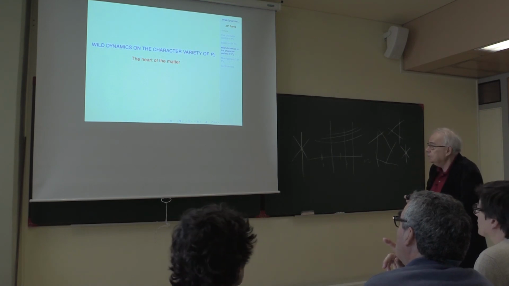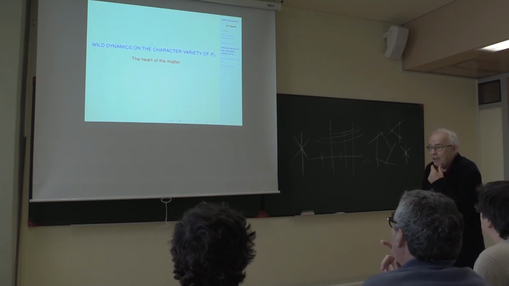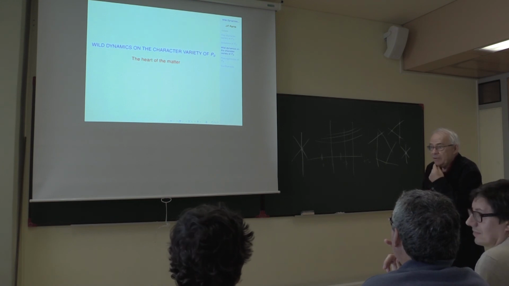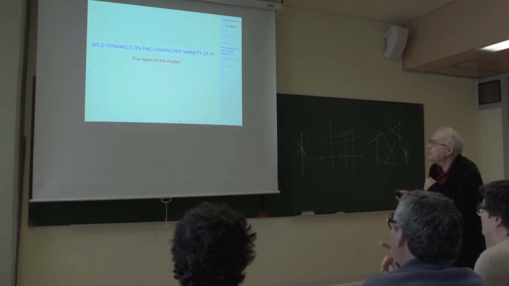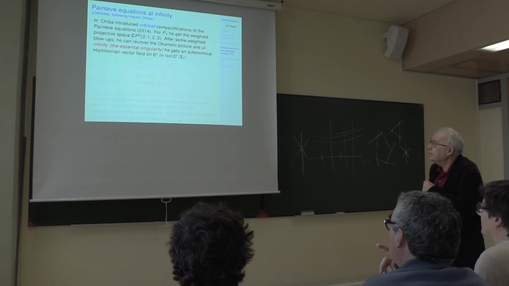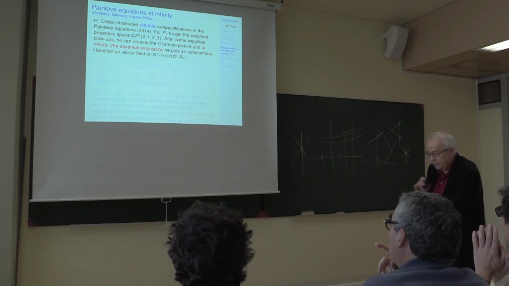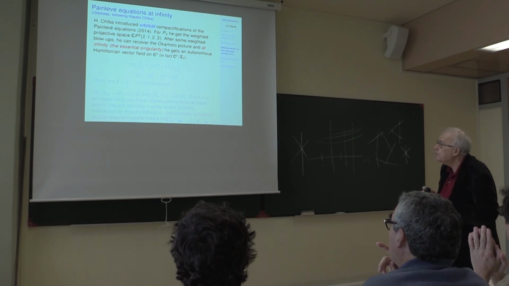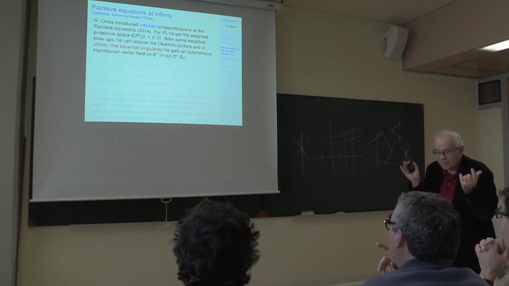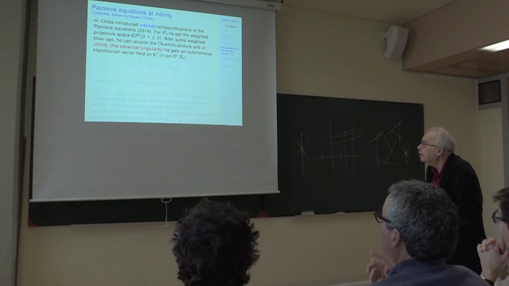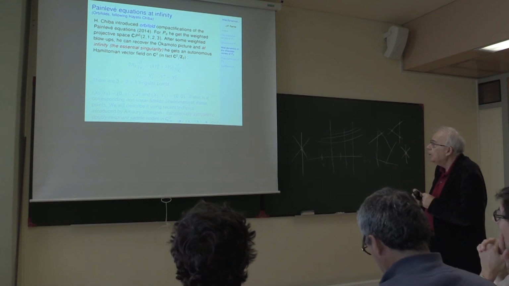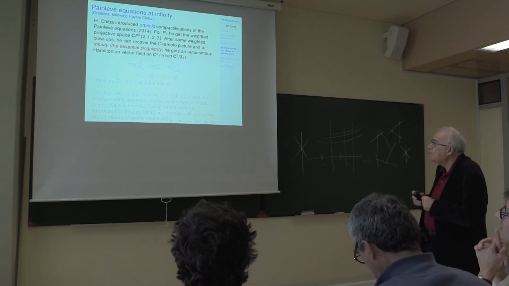So now I will explain how to prove that, and also how to prove the existence of these wild dynamics by summability arguments. In 5 minutes, I will explain the principle, and tomorrow I will detail. In general, for Painlevé equations there is an essential singularity.